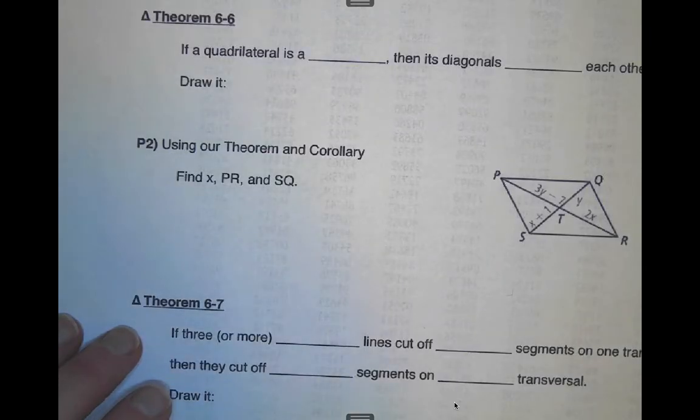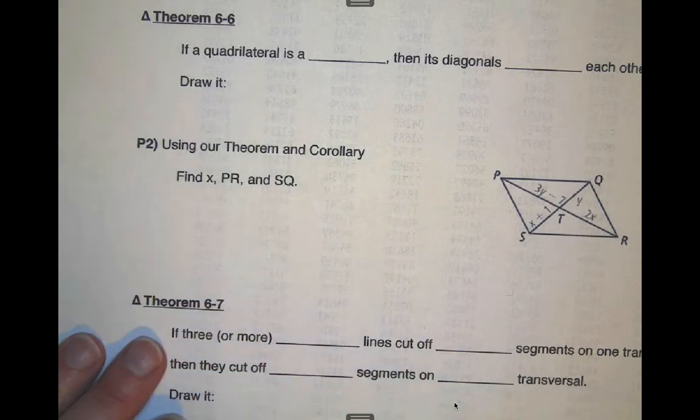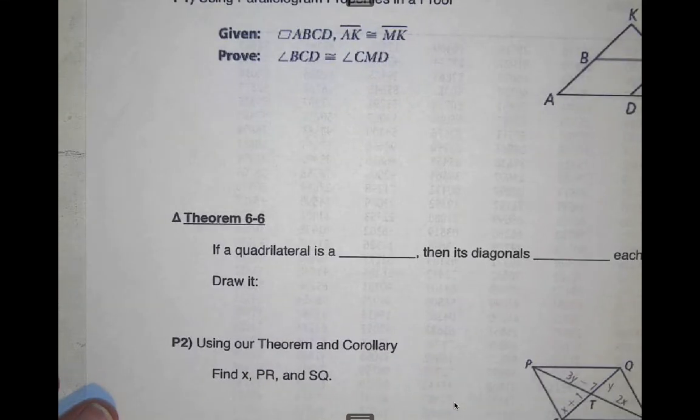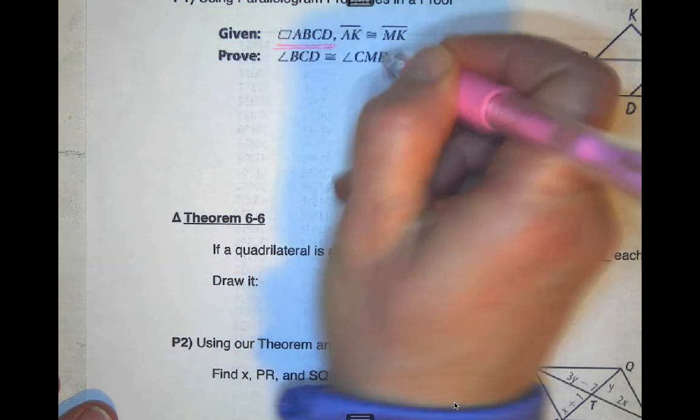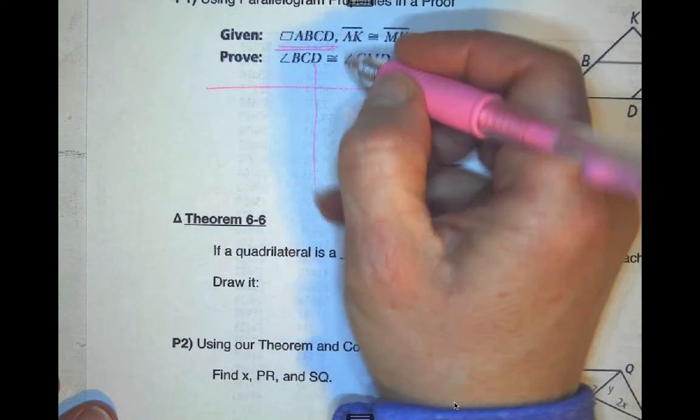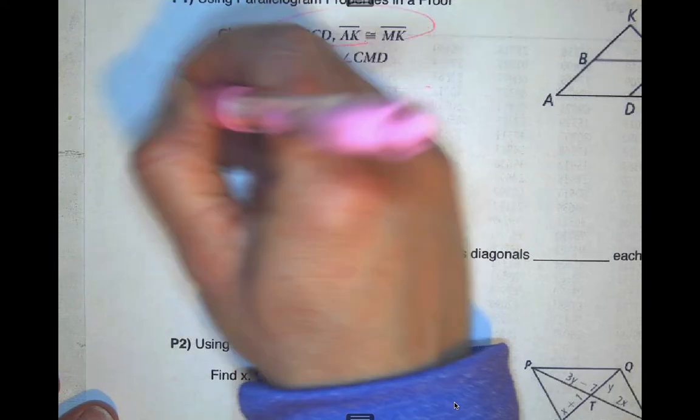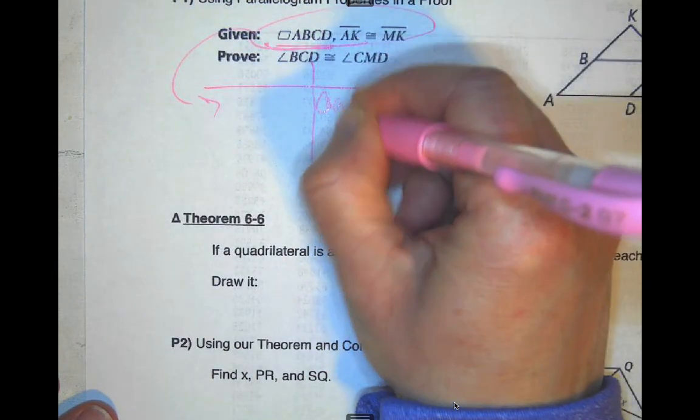Okay, so now if I want to use this in a proof on here. It says I'm given this, so that means I have all the properties of a parallelogram. So all this stuff would be right here. It's my given. I'm being lazy.